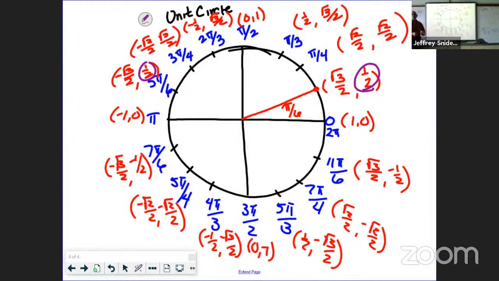Pi over 6. Give me another one. And now you're going to crumble under the pressure. Give me another one. 2 pi plus pi over 6. Which would be what?